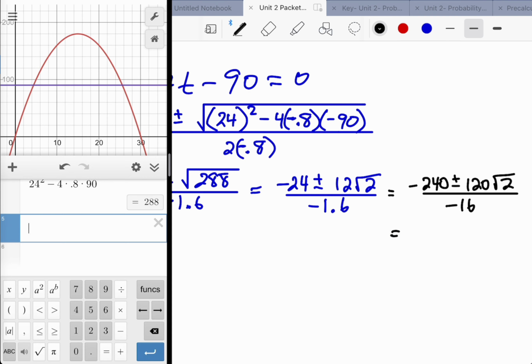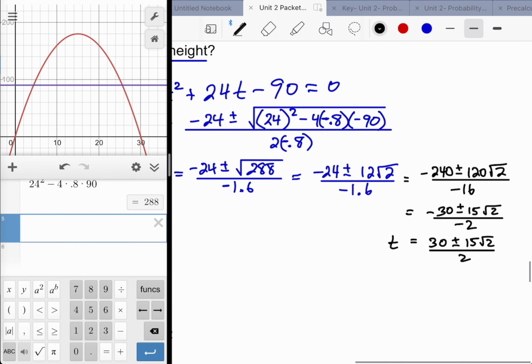So negative 30 plus or minus 15 radical 2 over a negative 2. And then I could just negate everything so I don't have that negative on the bottom. So 30 plus or minus 15 radical 2 over 2. So that's what t would be in simplest radical form.